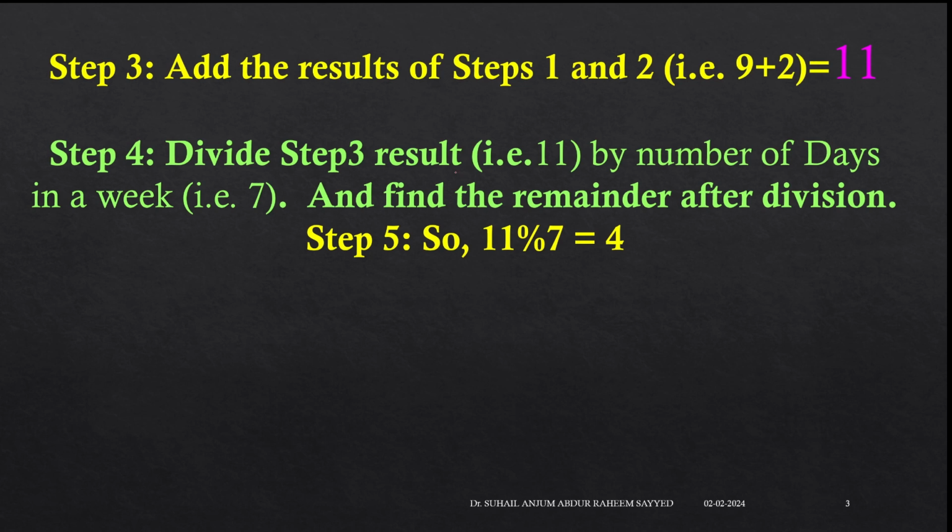So 11 divided by 7 gives 1, and the remainder will be 4, because 7 ones are 7 and 11 minus 7 is 4.